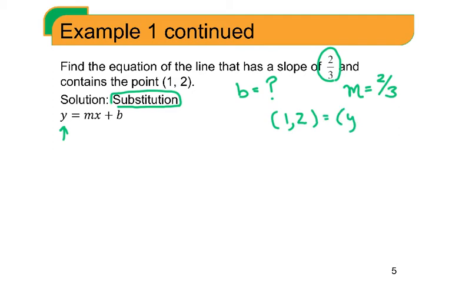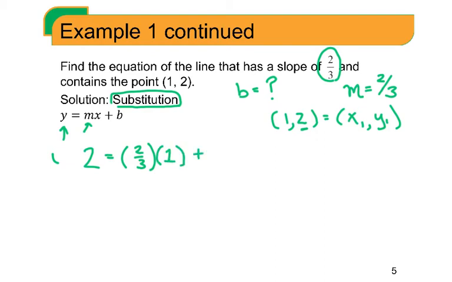We can call that (x1, y1). So if you plug in y for y, I would be plugging in the number 2. 2 equals what? The slope, that's 2/3, times x, which is 1, plus b, which is what we don't know. This is our unknown. So now we solve for b.